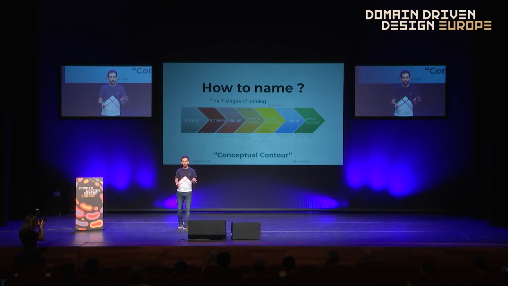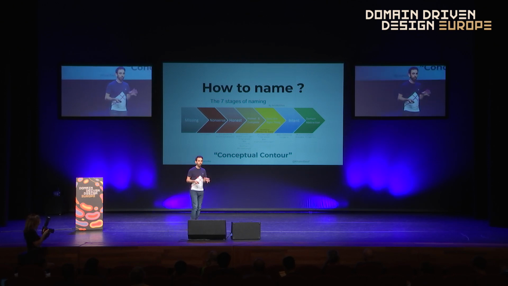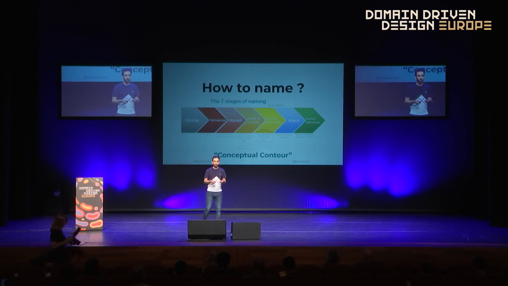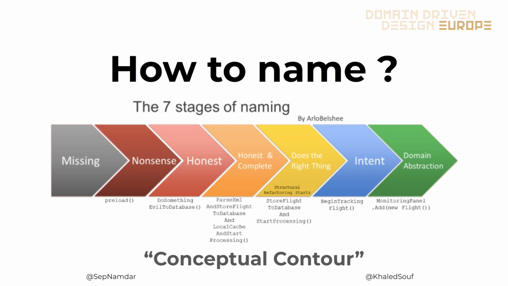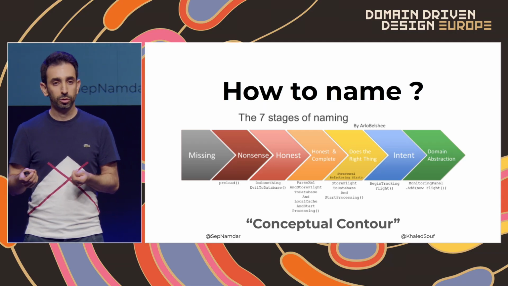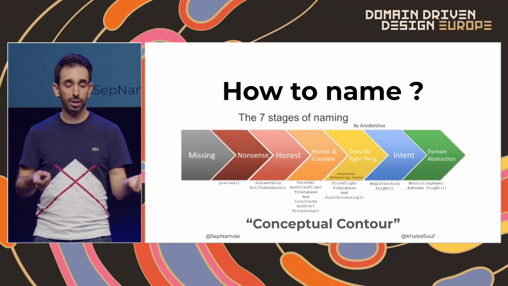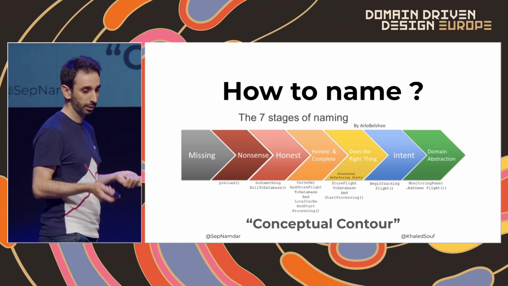It's the same idea as conceptual contours. In conceptual contours of Supple Design in DDD, you need to iterate, to refactor, to remodel things, to find a good granularity, to find a good cohesion between your objects, a good granularity for your bounded context.